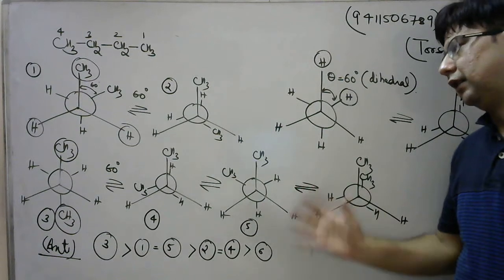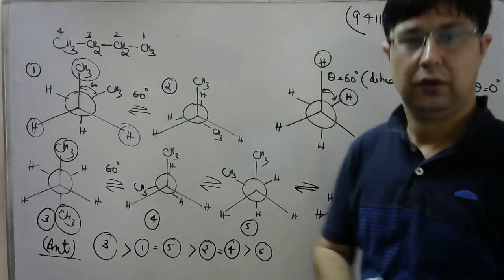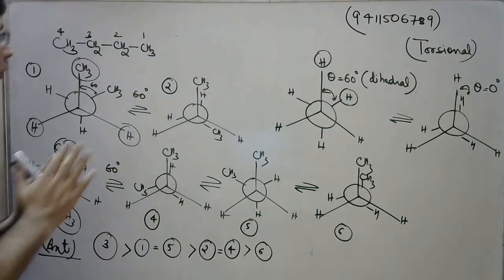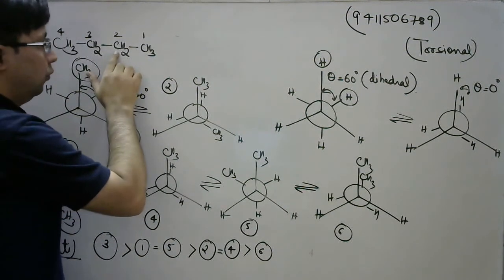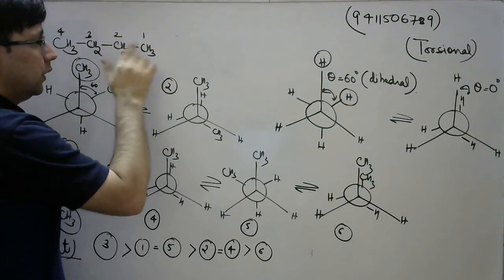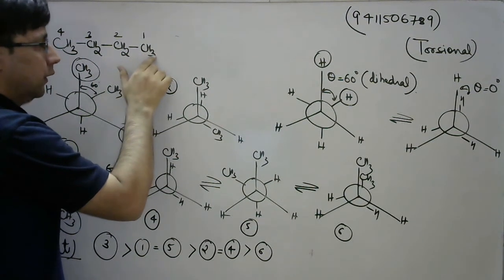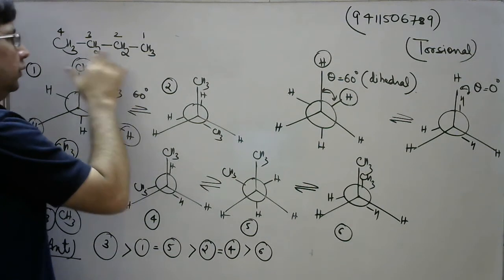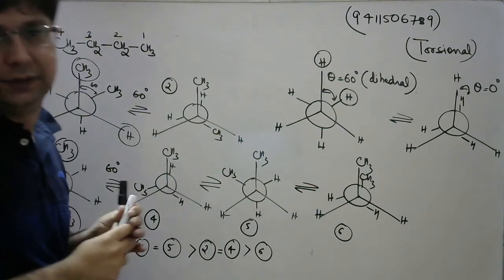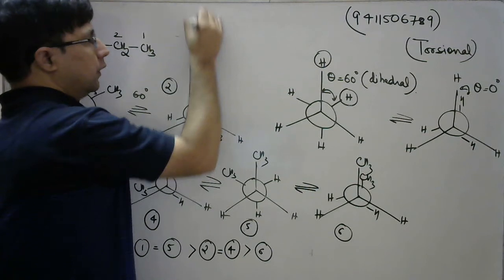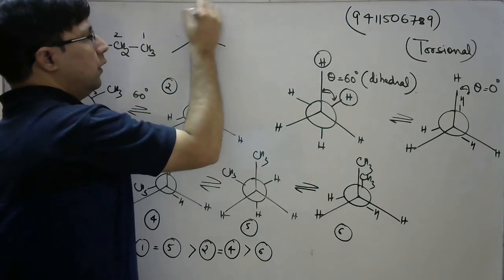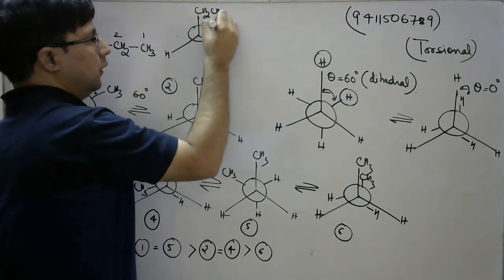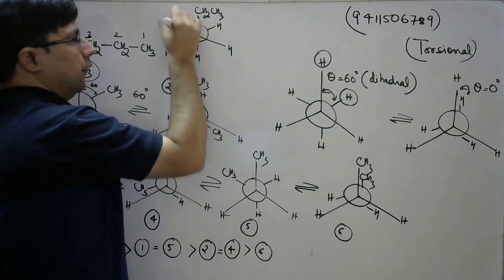So these are the conformers which we have drawn for the molecule n-butane. But butane can also be analyzed along the C1-C2 bond. In that case, to the first carbon atom there are 3 hydrogen atoms present, and to the second carbon atom there are 2 hydrogen and 1 ethyl group. If we write the conformer along C1-C2, it will be CH2CH3, H, H, H, and this.